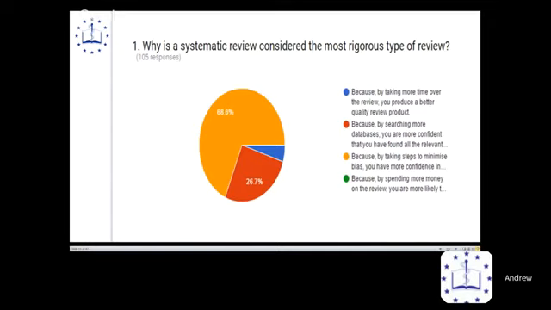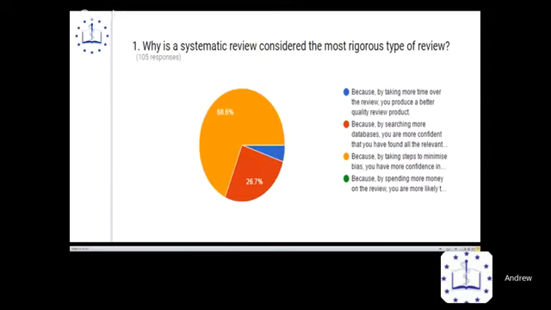I believe the number of registrations is well over 300, but this gives us a picture of what people's views are. So we asked you the question, why is a systematic review, so members of this family, considered the most rigorous type of review? Many of you realized that just because you take more time over a review doesn't necessarily mean that you're producing a better quality product. Obviously, it may mean that you are more thorough, but it doesn't guarantee it.